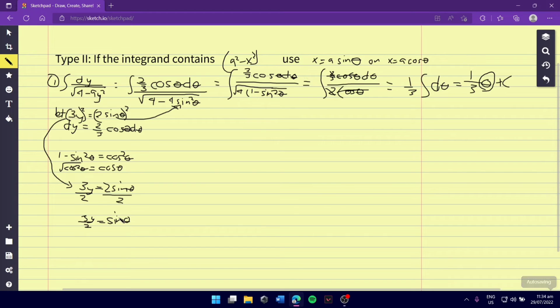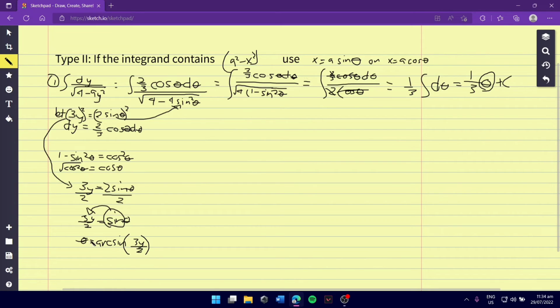Okay. So when we put arc sine on the left side, theta will become arc sine of 3y over 2.